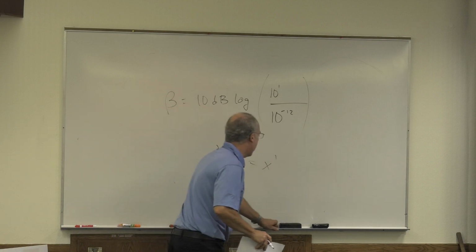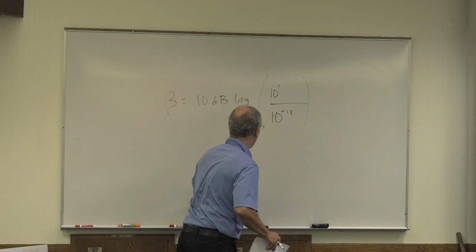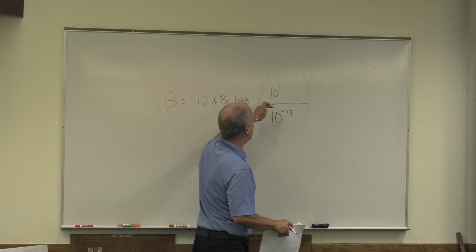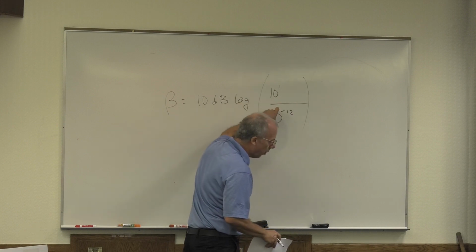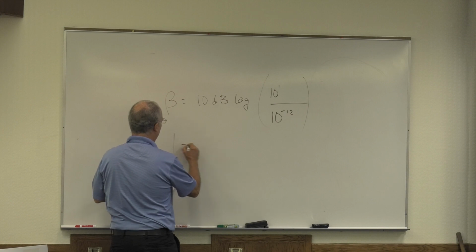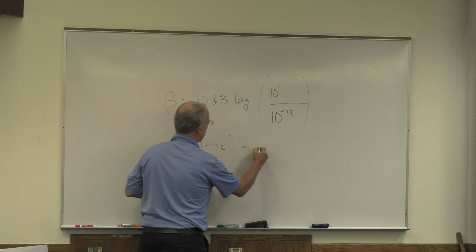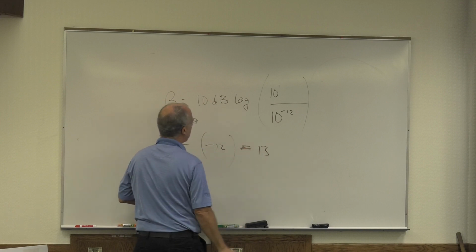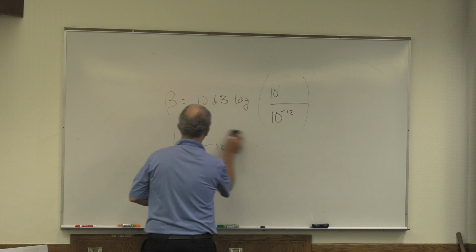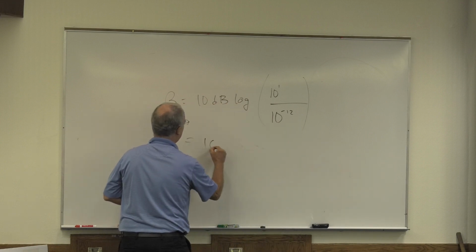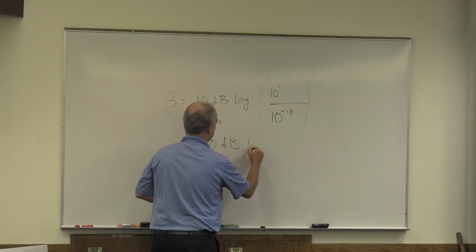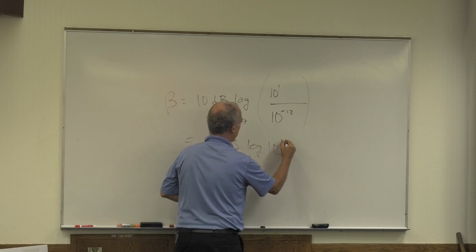So what's 1 minus a minus 12? Minus minus is plus, so we get 13. So it's 10 decibels times the log of 10 to the 13.